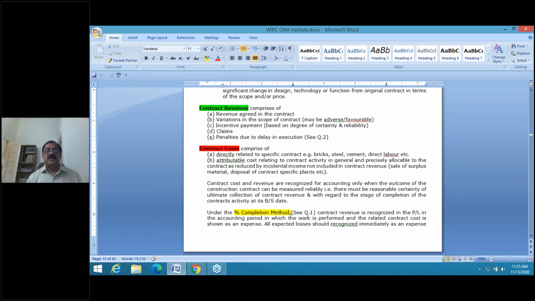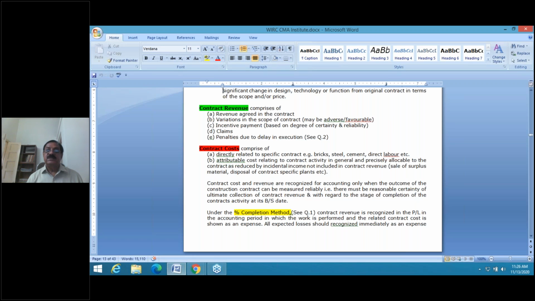Incentive payments, based on degree of certainty and reliability. Sometimes the contractor is given an incentive if he completes with better quality or earlier than what is otherwise allowed. So this incentive is also part of contract revenue for the contractor, but it will be added only when it is reasonably certain that he will be able to claim this incentive from the contractee. At that point only it will be added, otherwise not.